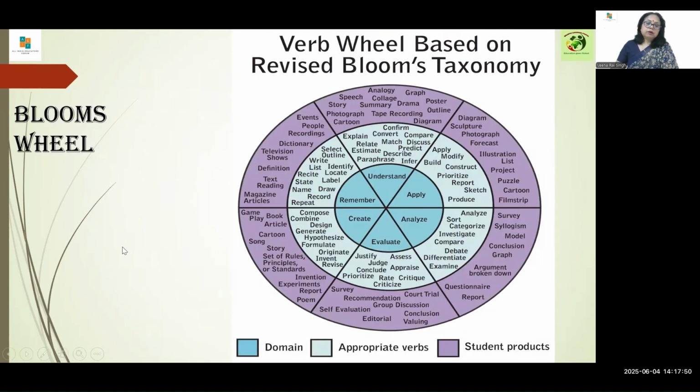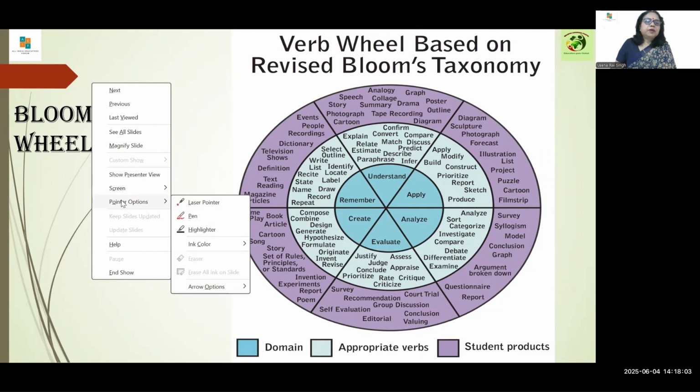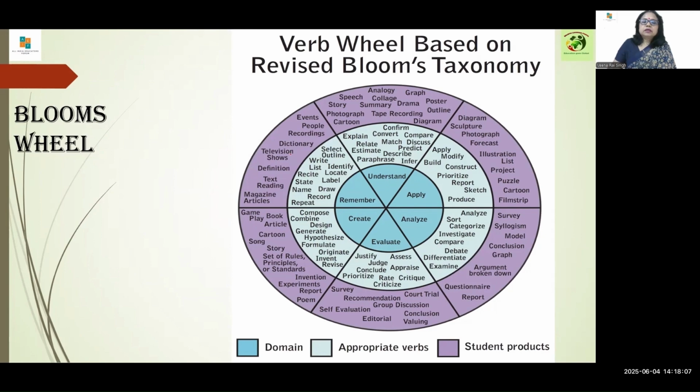Now talking about Bloom's wheel and the verb wheel, the revised Bloom's wheel, which we need to discuss at length. Let's take this up. See, the first one is talking about remember.